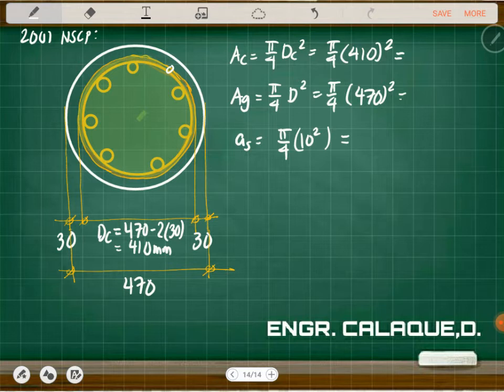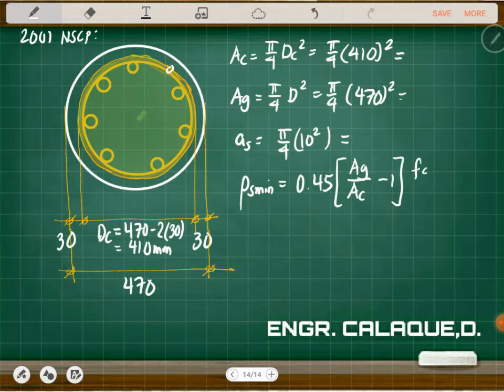Let us get the formula for the minimum steel ratio. The rho_s minimum is equal to 0.45 times (gross area over area of the concrete core minus 1) times fc' over fy.